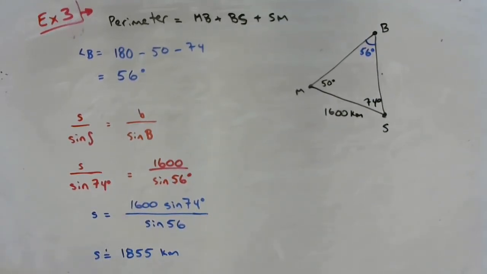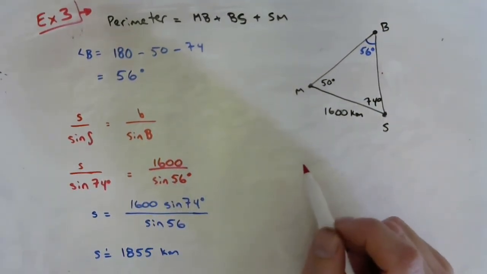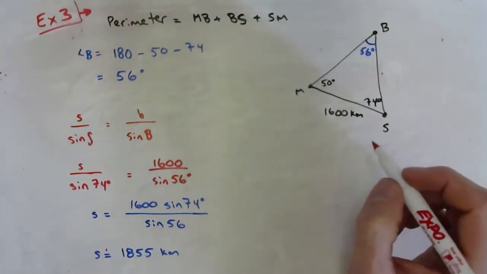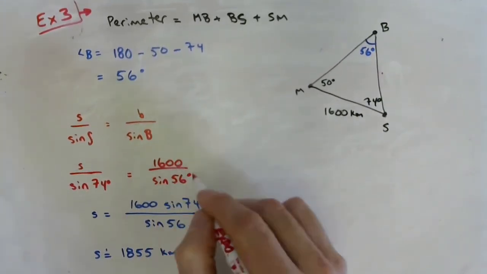How do I get the other missing side length? By using the other thing. Yeah, I have to use sine law again. I can't use Pythagorean theorem, it's not a right angle triangle. And this time I'm going to still use my ratio right here of 1,600 over the sine of 56.